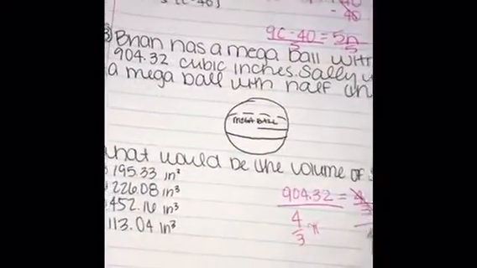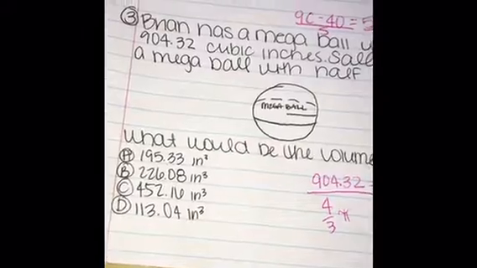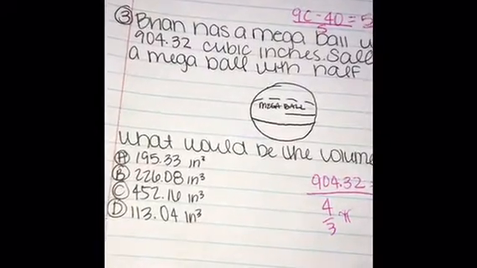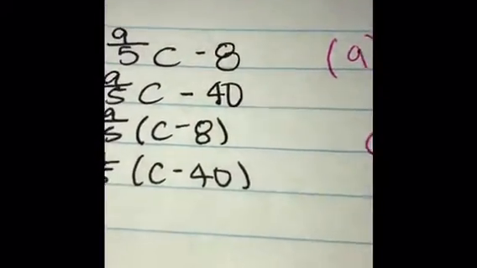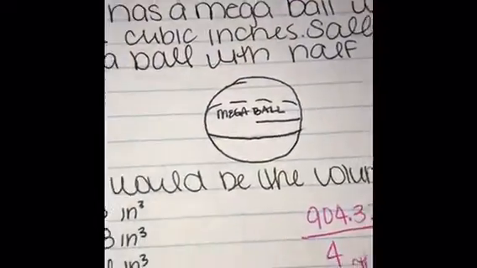So we get 904.32 divided by 4/3 pi, we get 215.89. Plug it in the calculator. We get 215.89 equals r cubed.